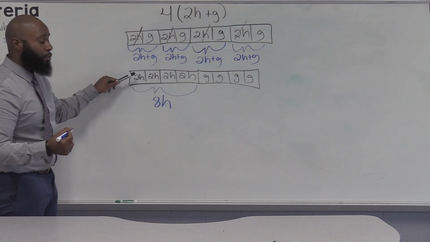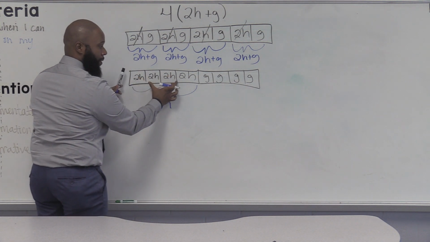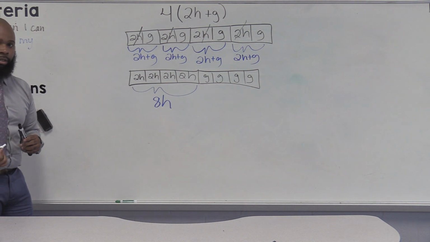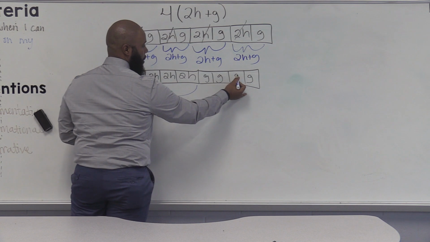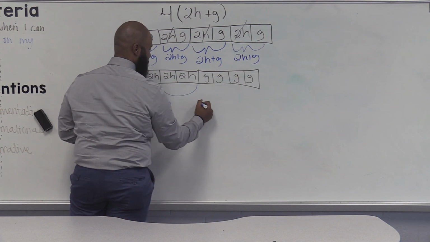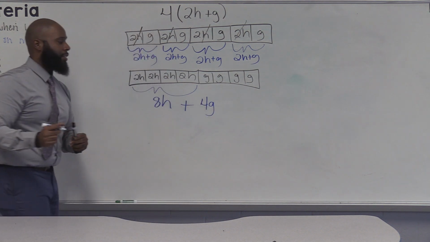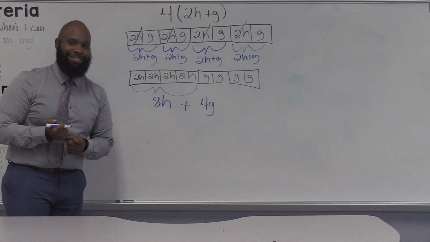Because this is already 2h's, so combining makes 4h's. Keep going, 6h's, 8h's to give me 8h. So next I'm gonna go with my g's. I have 1g, 2g, 3g, 4g. So my answer should be 8h plus 4g. Is that what you got?